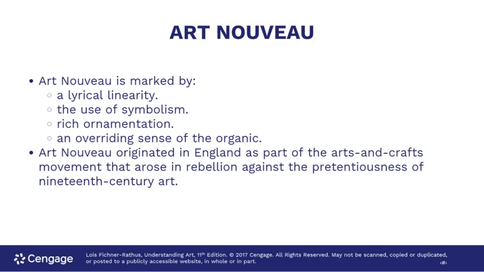Okay, so we have looked at a variety of styles, and we are finding ourselves now with the style called Art Nouveau, as we're moving from the 19th century into the 20th century. This was a style that started in Europe and came over into the United States a little bit too.